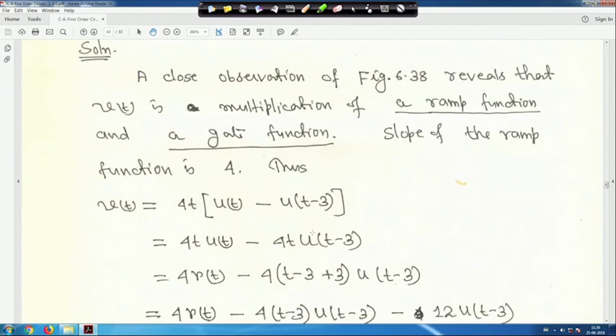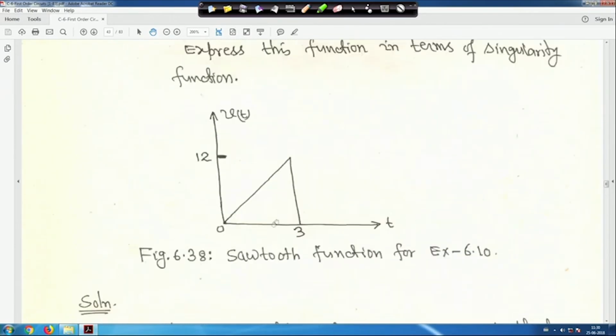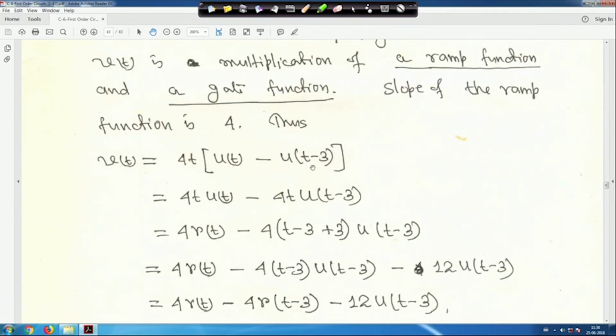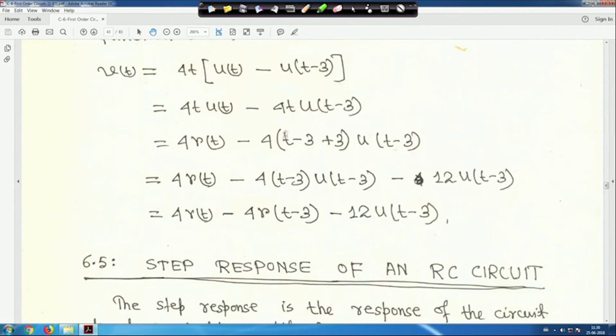So this is understandable to you, right. The slope is 4, the equation of the straight line is 4t, and at t equal to 3 seconds something is switched off, then it will be 4t u(t) minus 4t u(t minus 3). Now this t we can write as t minus 3 plus 3.